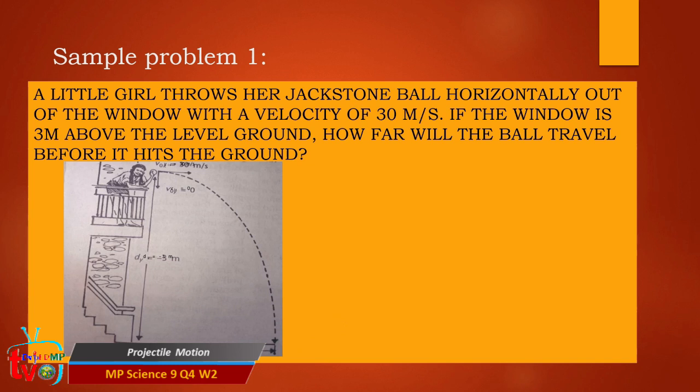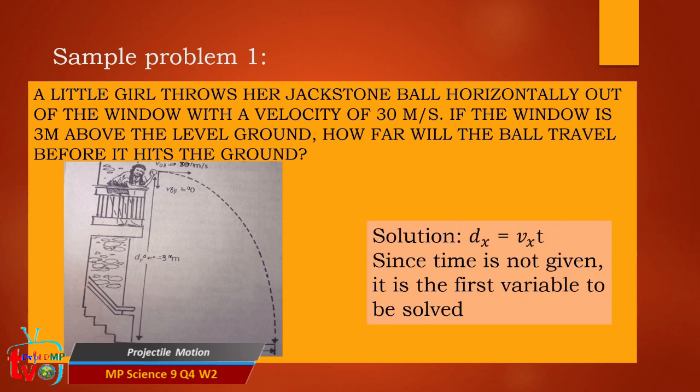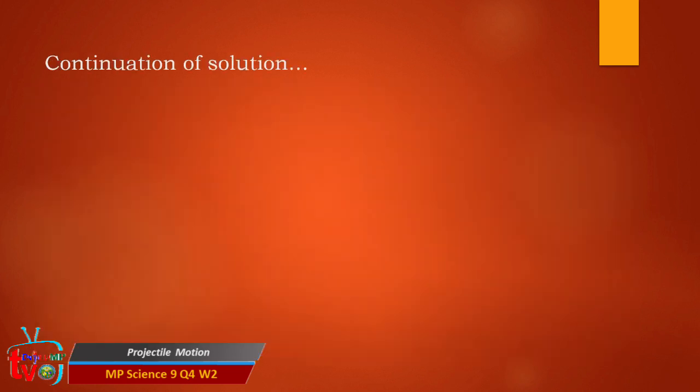To solve the problem, we will use the formula d sub x is equal to v sub x times t. But since time is not given, it is the variable first to be solved. To solve for the time, we are going to consider the vertical motion of the projectile.